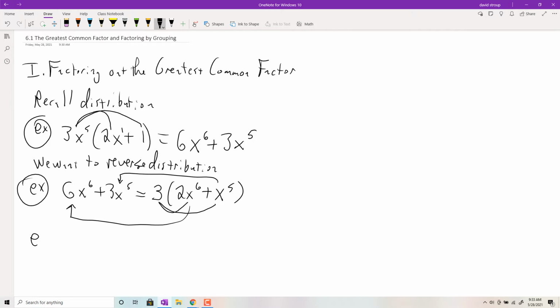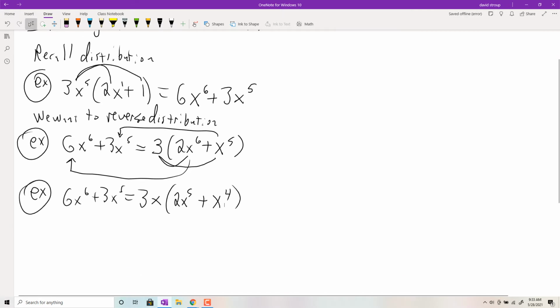But you could also factor out 3x. So 6x to the 6th plus 3x to the 5th, you can factor out the 3x, and in this case you would have 2x to the 5th plus x to the 4th. What I'm getting at, and maybe you don't understand how I'm doing this process of reverse distribution just yet, is that there's more than one way to do this reverse process.